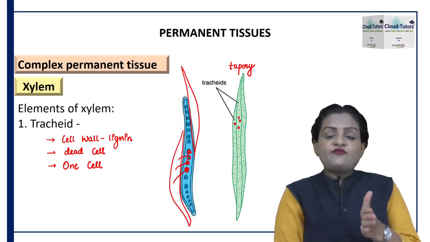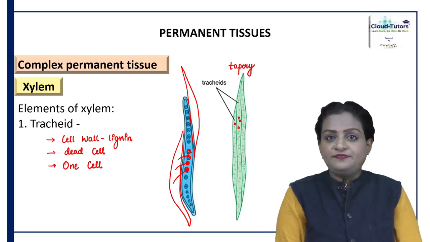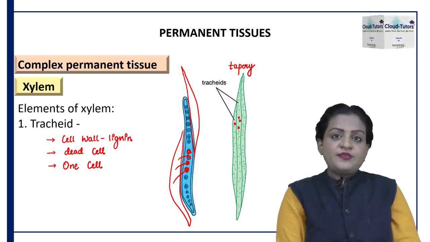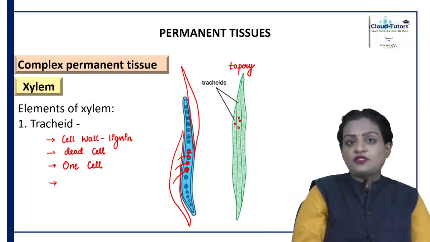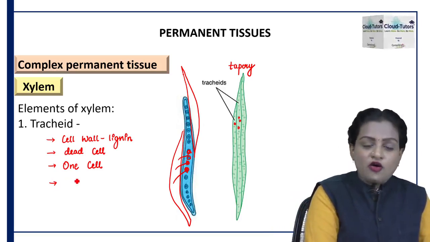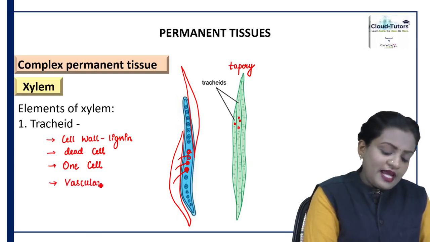So they form a continuous channel for flowing of the water. And one main thing is, where are they found? They are found in all vascular tissues or all vascular plants. So vascular plants are of 3 categories.